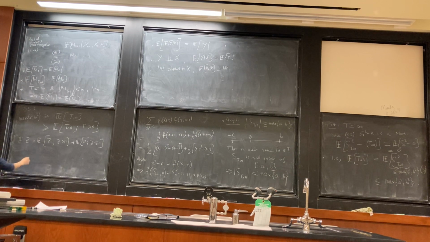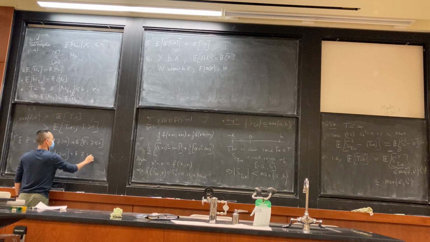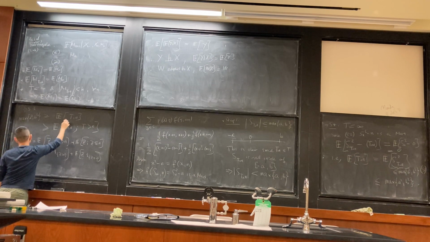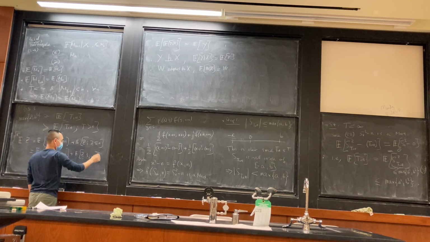That is the same thing as this indicator function, plus the expected value of Z on Z less than n. Basically the same thing. And because I know Z is always non-negative, I can get rid of this part first.